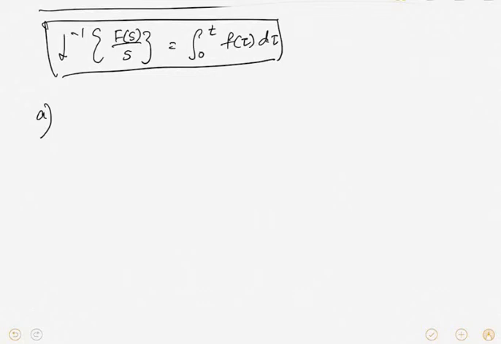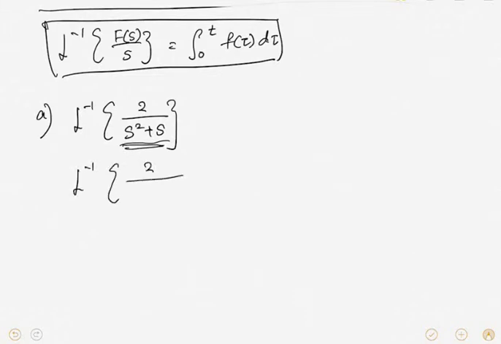Solve using the transform of integrals. So you have the inverse Laplace transform of 2 over s squared plus s. Okay, first of all, if you look at this s squared plus s, we can factor out the s, so we get s times (s plus 1), right?